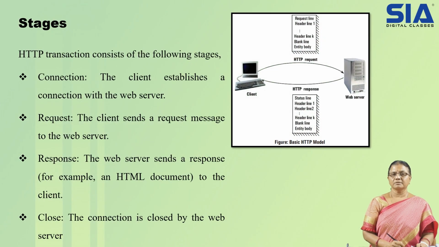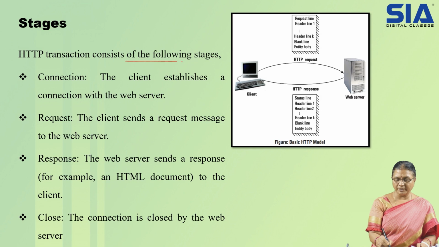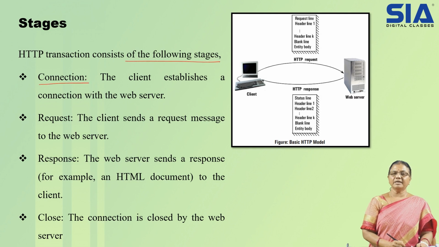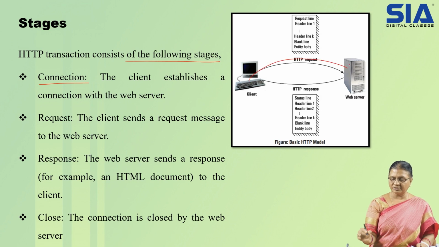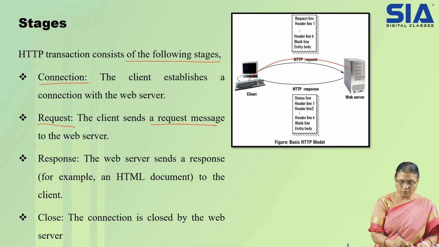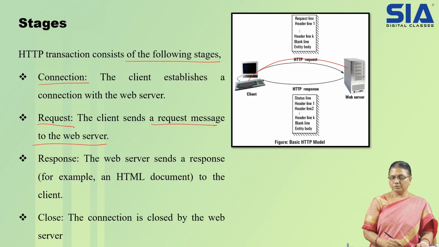The stages under HTTP are as follows. HTTP consists of the following stages. First is connection: the client establishes a connection with the web server, as you can see in the diagram. Then the request: the client sends a request message to the web server.